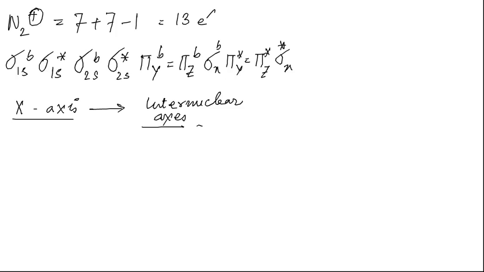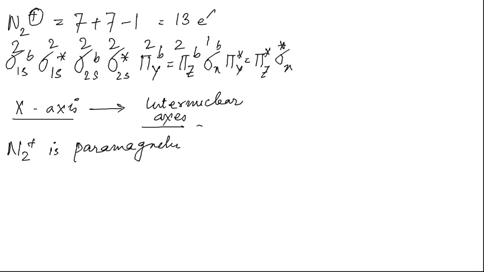It is distributed as 2, 2, 4, 5, 6, 7, 8, then 9, 10, 11 and 12, and 1 is left, that is 13. So N2 plus is a paramagnetic molecule because of the unpaired electron that is present on the sigma x bonding orbital.